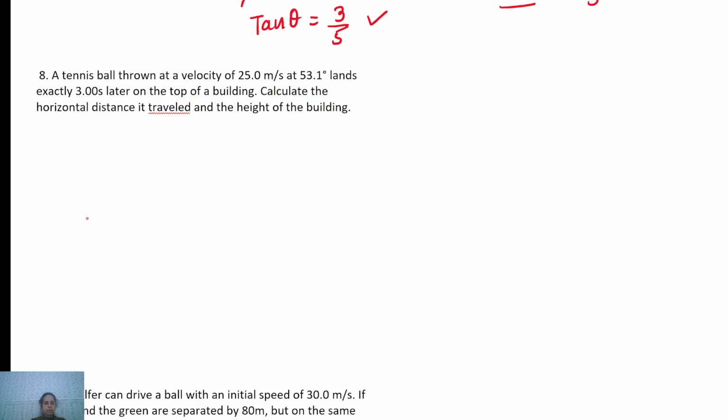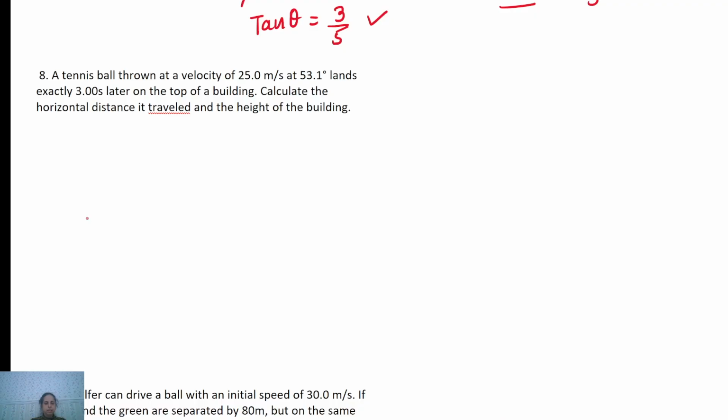Now, the first thing I need to do is get my velocity in the x and y directions. So this velocity would be 25 cos 53.1, and this one is going to be 25 sine 53.1. I'm going to do it step by step.